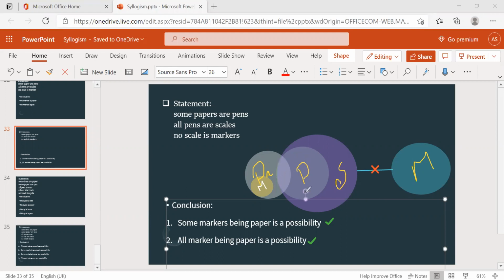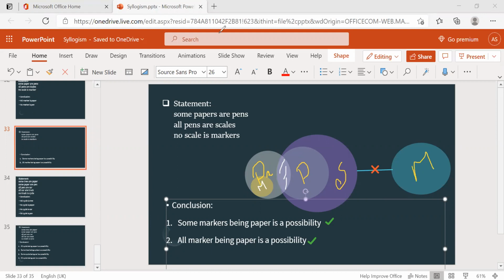Some papers are pens. This part papers and pens is equal, and the same part is scales also for paper. But here is a marker. All markers being a paper is also a possibility. So all possibility statements are treated as right.